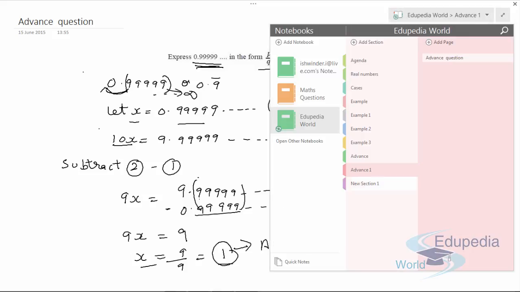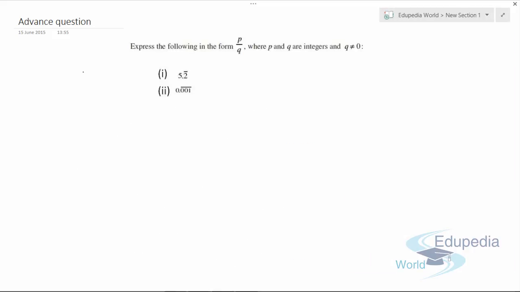So let's discuss the next question. Now you have to express the following two numbers in the form of p by q. So let's solve the first one, which is 5.2 bar. Again we'll assume x equals 5.2222, and it goes on. Clearly we can see that we have a bar upon 1 number.